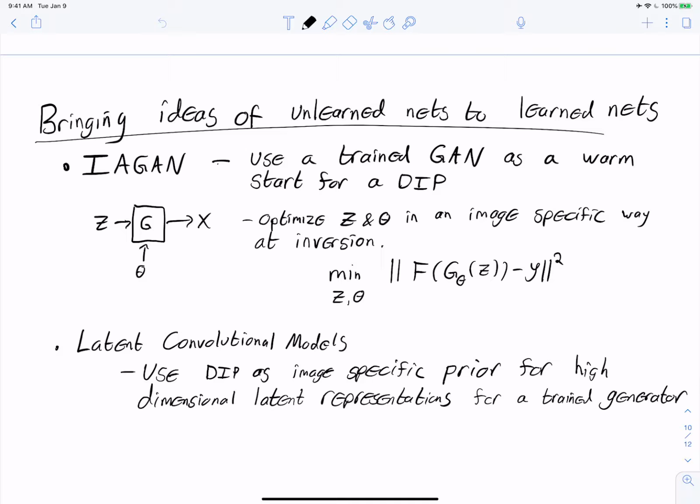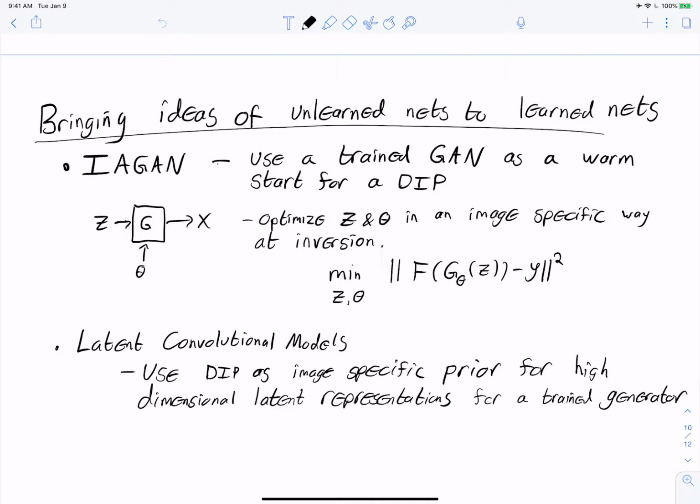So specifically, they're going to minimize over Z and theta the L2 norm of the forward map of G theta of Z minus Y squared. What this can do is it can exploit the learning of the generative model G by quickly finding the Z that gives the point in the range of G that's closest to the image that you're looking for.